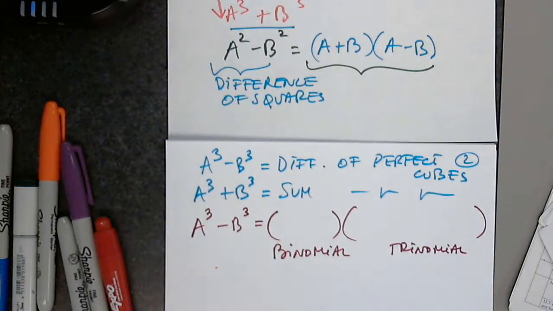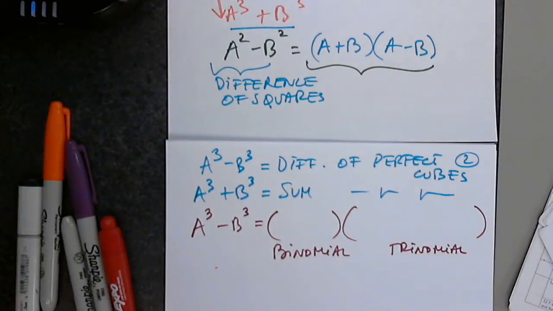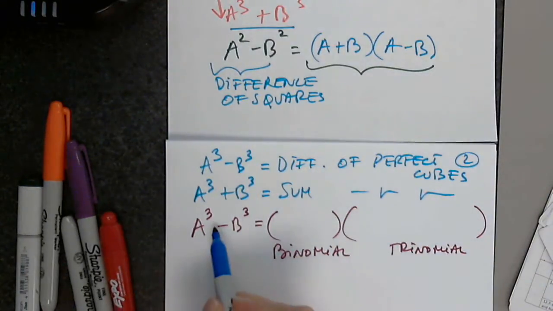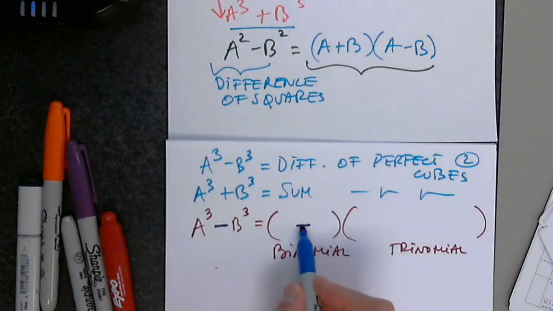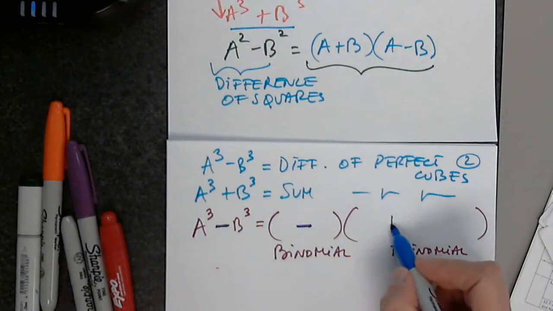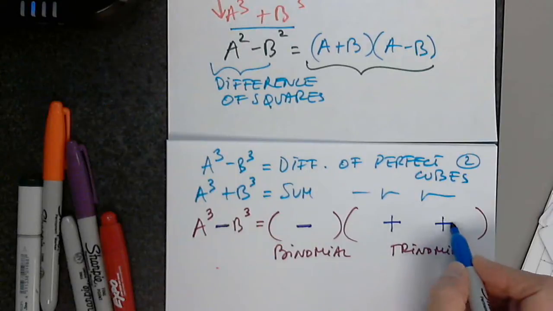These will appear to be the most difficult to factor. They're not. Once you understand the pattern, they're not. So if I factor the difference, the binomial must have the difference, and the trinomial will have the sum.